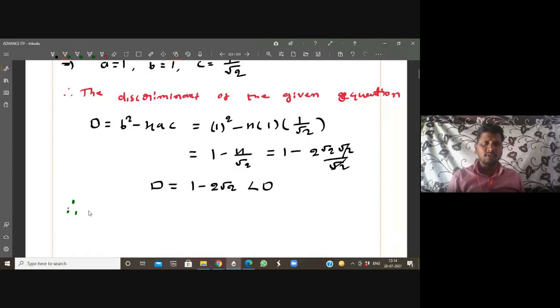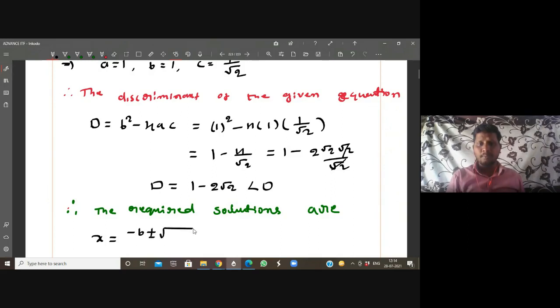So therefore, what shall we write? The required solutions are. So what are the required solutions here? X is equal to the formula minus b plus or minus root over b square minus 4ac, I'm taking as capital D, by 2a.